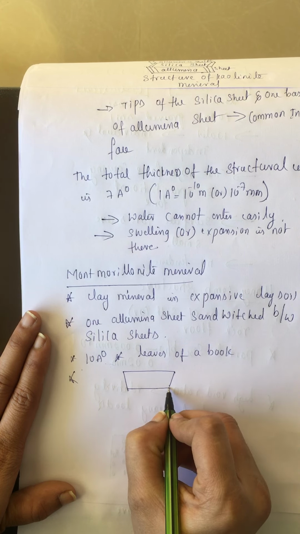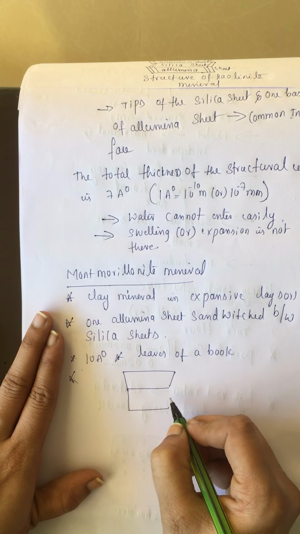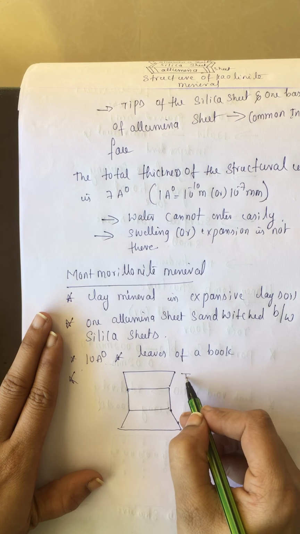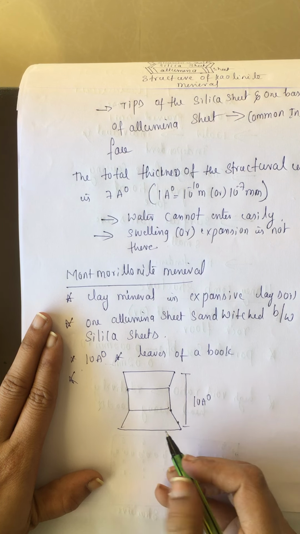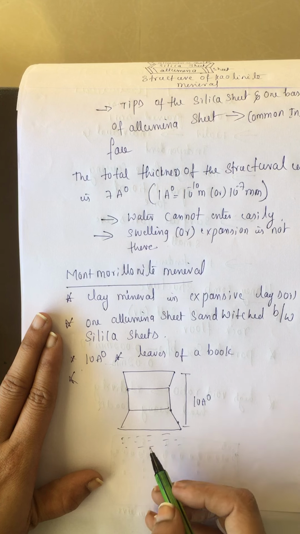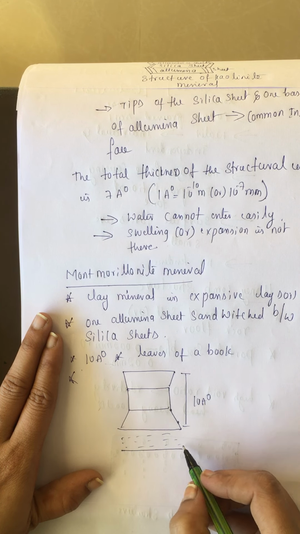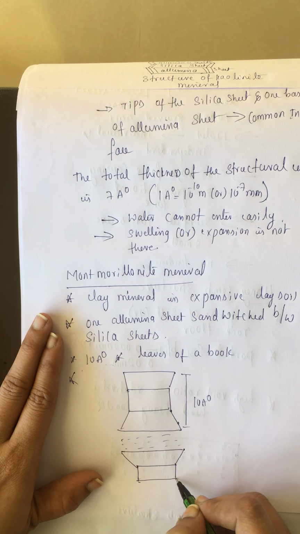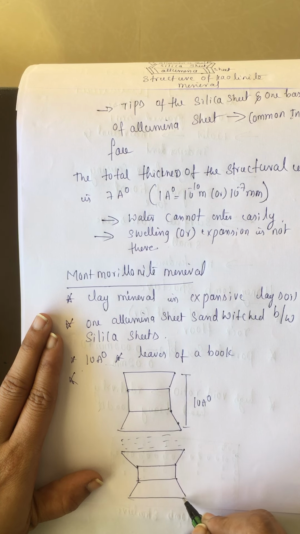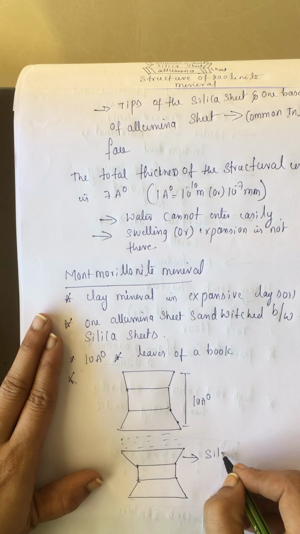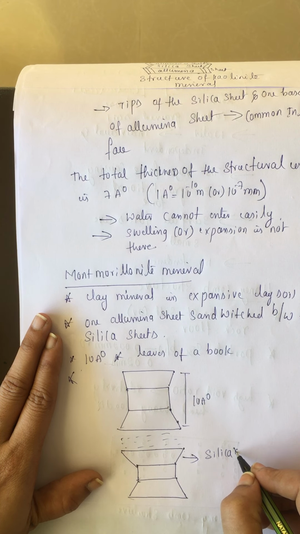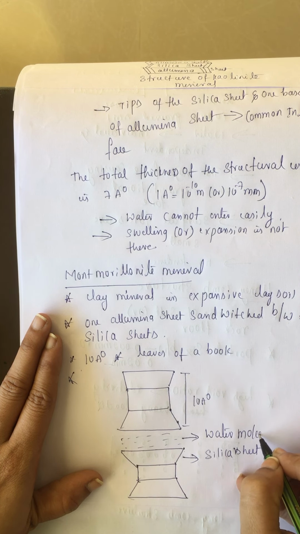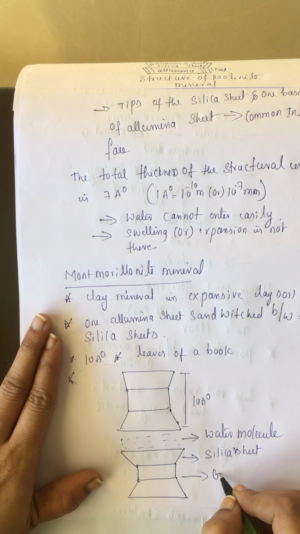We can write the structure of montmorillonite. Ten angstrom, silica sheet, and this is the water molecule, and gibbsite sheet.